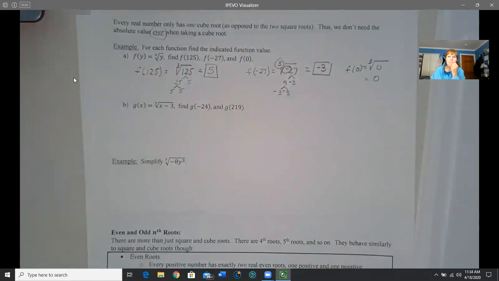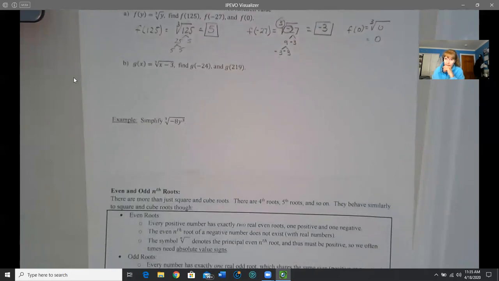Let's try one more. A lot of you have a cube root on your calculator. Without seeing the individual calculator, it's hard to tell what three numbers multiplied together give you a certain number.